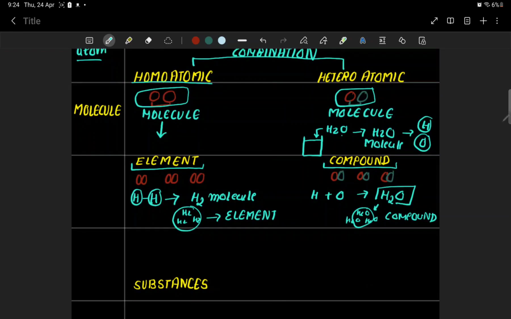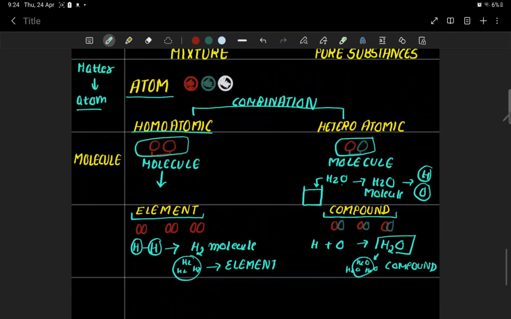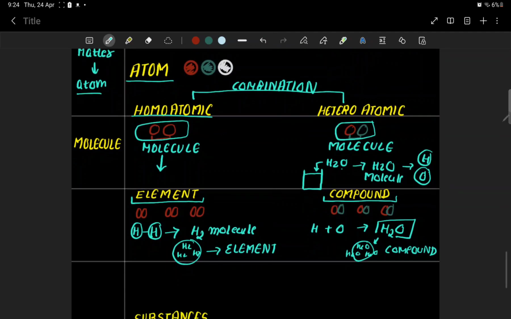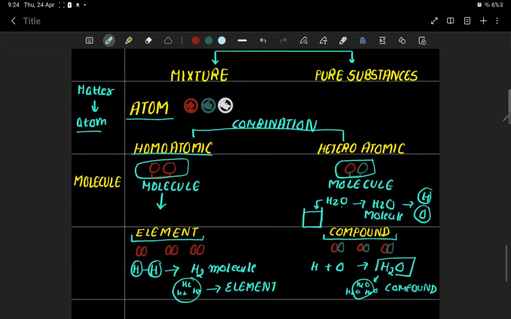When it comes to pure substances, we divide pure substances in elements and compounds.